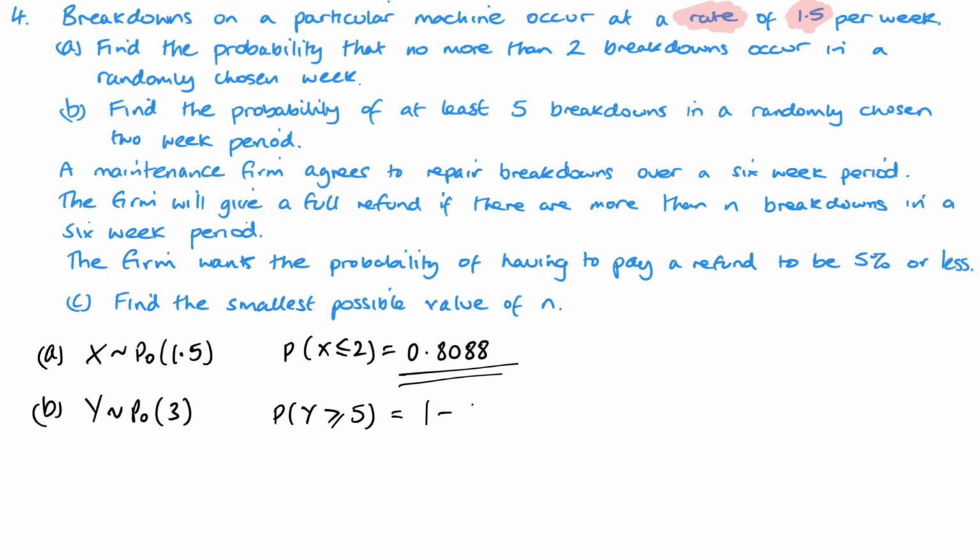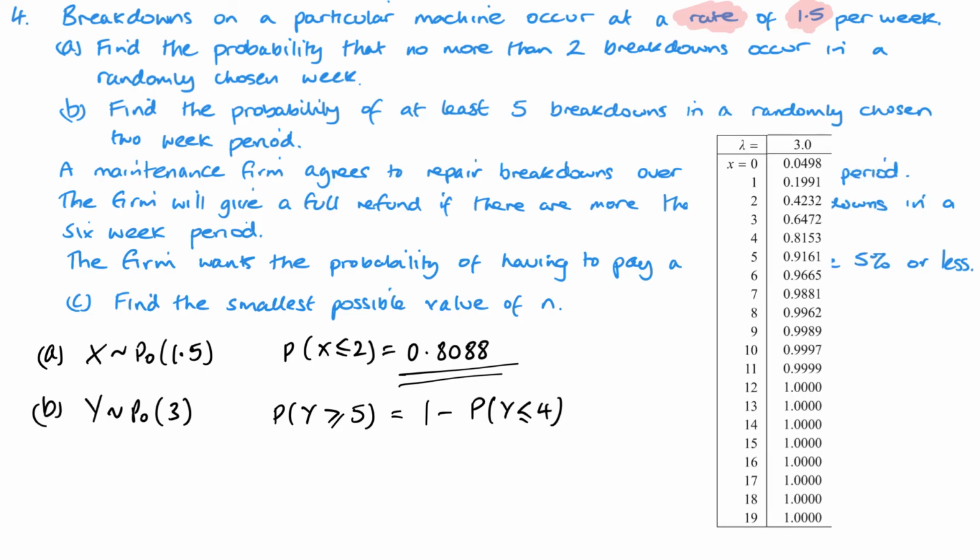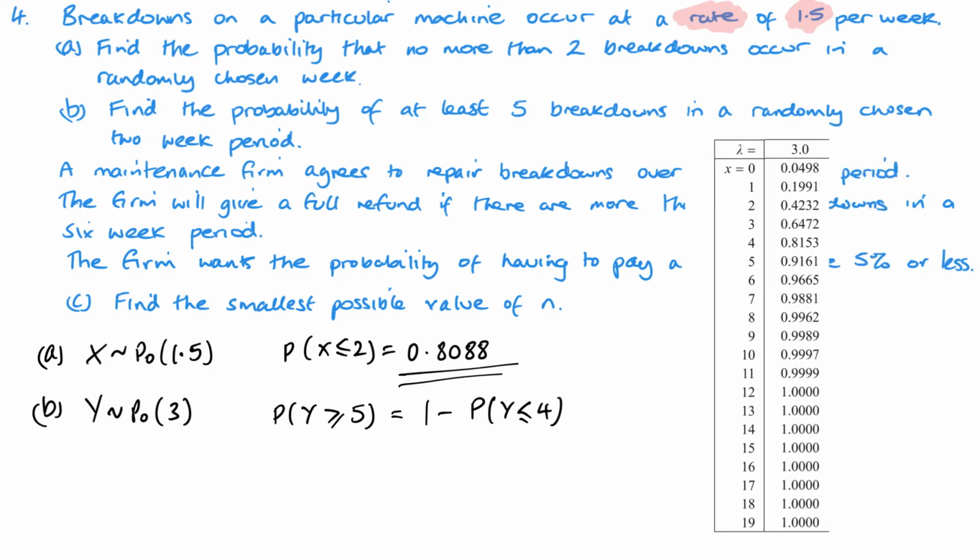So this is 1 minus the probability that y is less than or equal to 4. And what I need to do here now is just go to my tables. And you can see 4 is here. So we get 1 minus 0.8153. And then from my calculator, I get 0.1847.